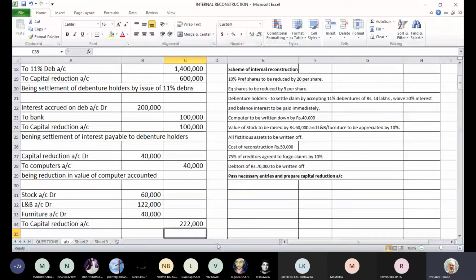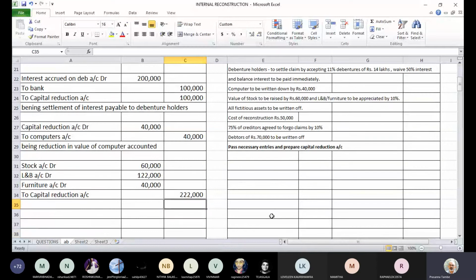Total increase in the value of assets credited to capital reduction account is 2,22,000, recording appreciation in the value of assets. Can we go to the next entry? All of you have written this entry. Yes?